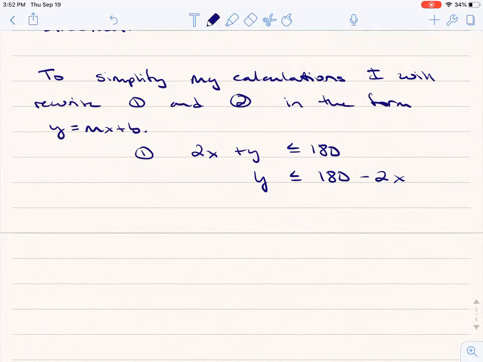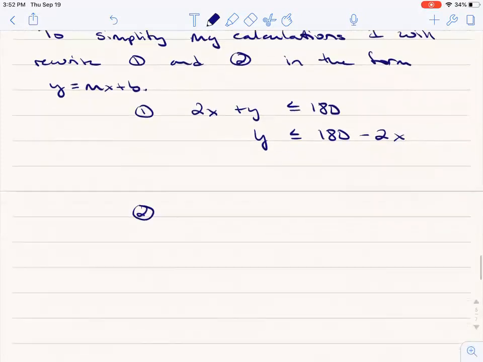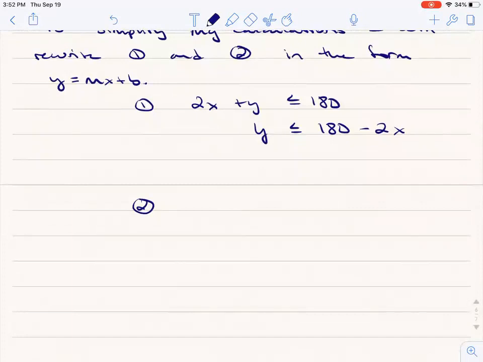How about equation 2? Equation 2 was x plus 3y has to be less than or equal to 300. Trying to get y on its own, I'm going to subtract x from both sides, so I get 3y is less than or equal to 300 minus x.